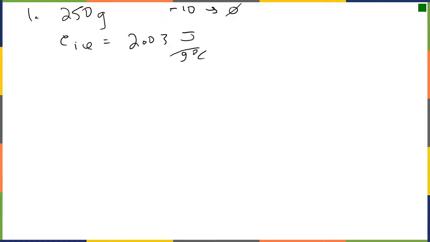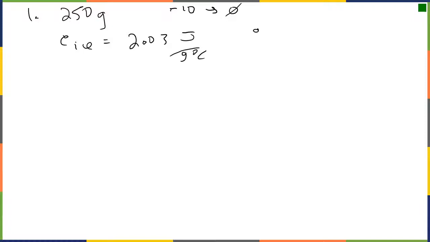So with that in mind, step 1, 250 grams of ice heated from -10 to 0, and we're going to need the specific heat capacity. The specific heat capacity for ice was given on the previous slide, and it is 2.03 joules per gram degree Celsius.